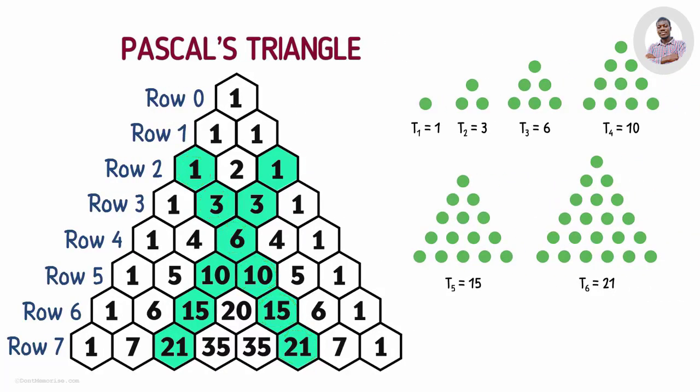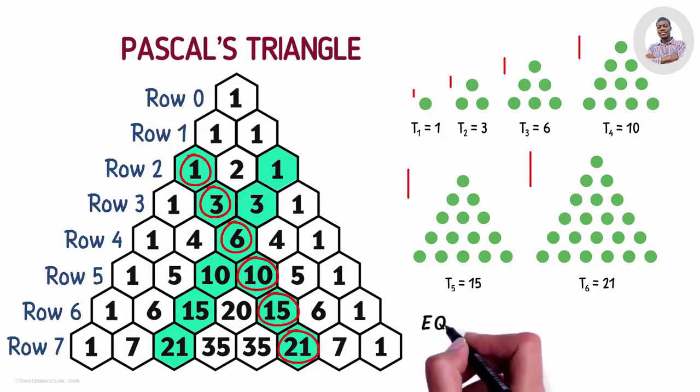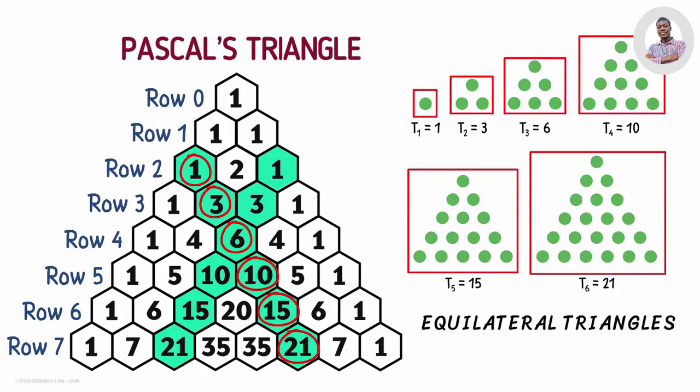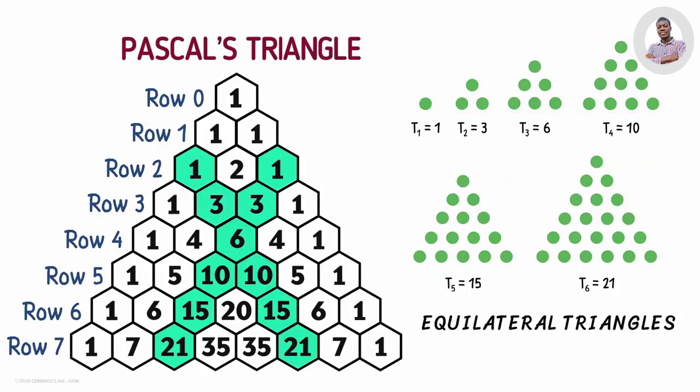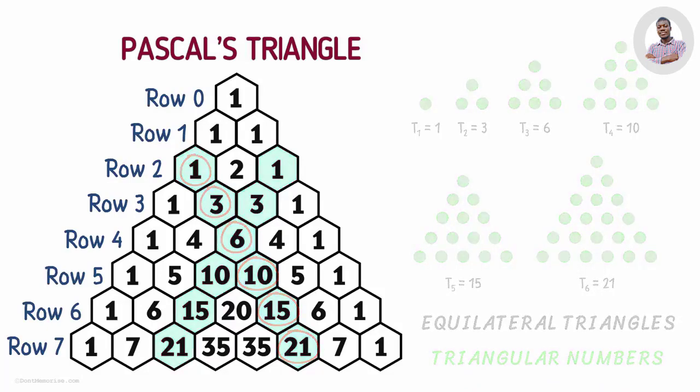We can see that for each number we can form equilateral triangles from the number of circles. Three circles can be arranged like this. 6 can also be arranged like this, and so on. So the set of these numbers is called the set of triangular numbers. Interesting, right?